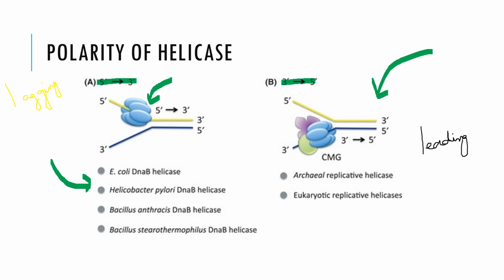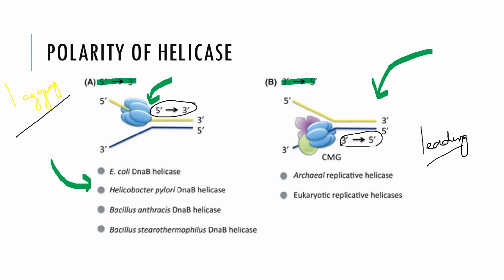So this is the polarity of the helicase. In case of prokaryotes, the helicase moves in 5' to 3' direction, as you can see here, or you can say the helicase is loaded on the lagging strand, whereas in case of eukaryotes, the polarity of helicase is 3' to 5' direction, or the helicase is loaded on the leading strand.